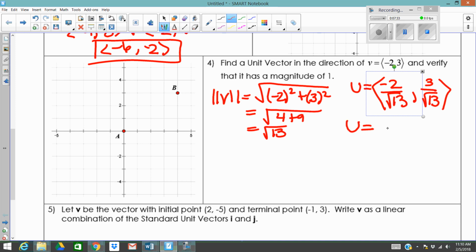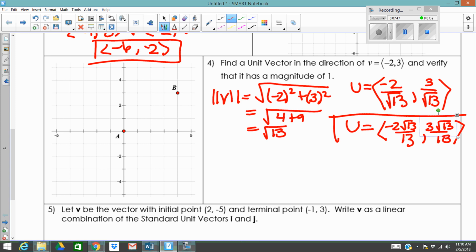So that ends up giving us -2 square root 13 over 13 for our horizontal component, and 3 square root 13 over 13 for our vertical component. So that is my unit vector that is in the same direction as v, but only has a magnitude, meaning length, of 1. Now, how can I verify that?